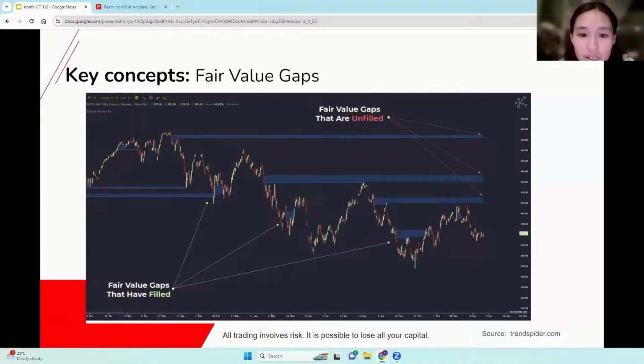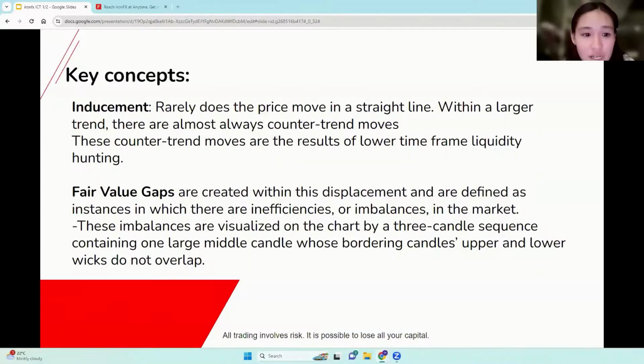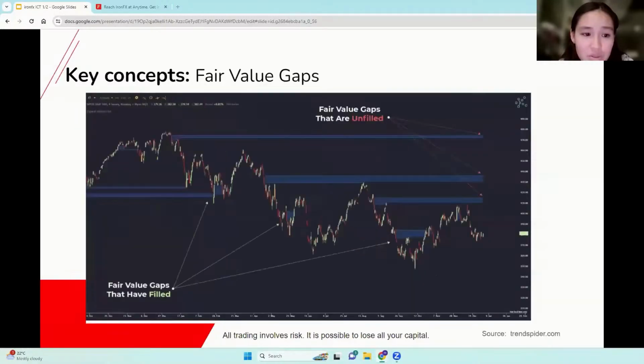Okay, so maybe to start off, you can look for what we've mentioned in the previous slide, which is the three candle sequence containing one large middle candle whose bordering candles upper and lower wicks do not overlap. So you can look for some of those examples in over here.